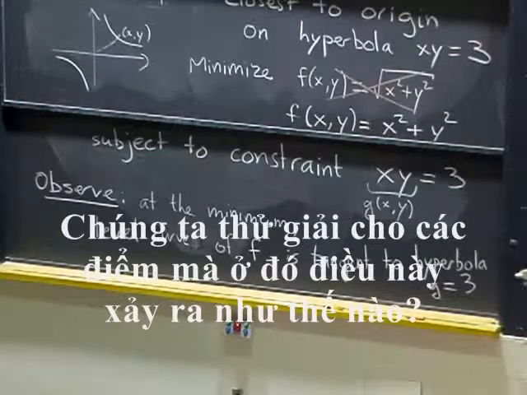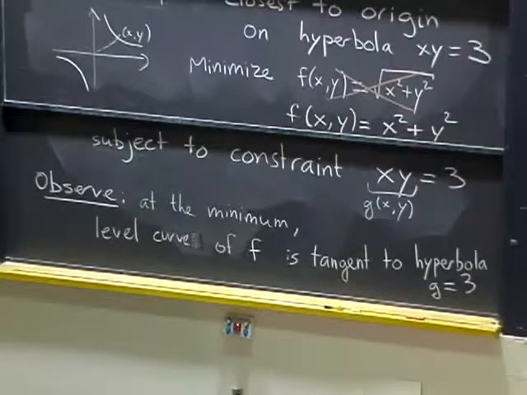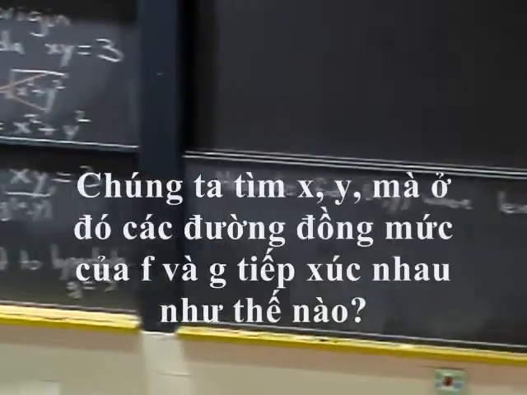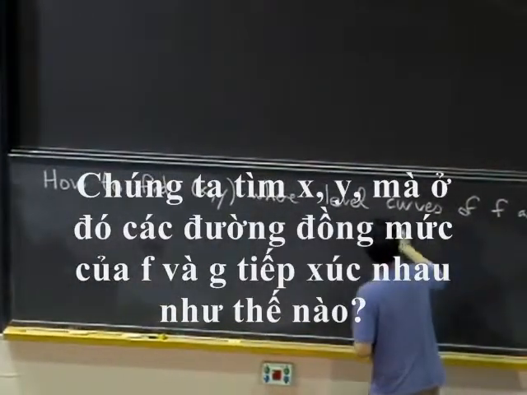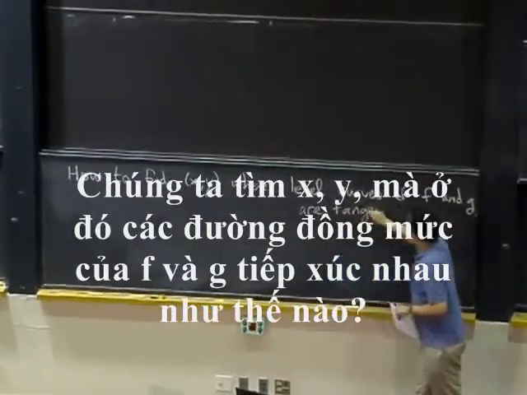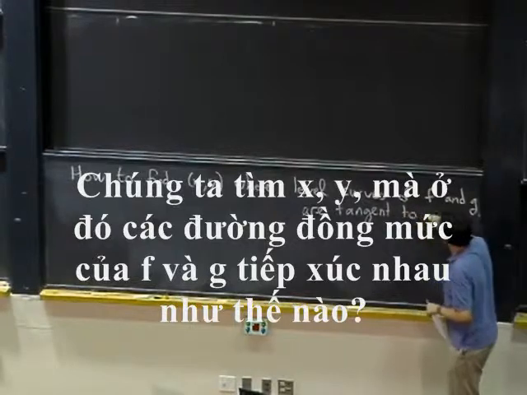So how do we look for, try to solve for points where this happens? How do we find x, y where the level curves of f and g are tangent to each other?